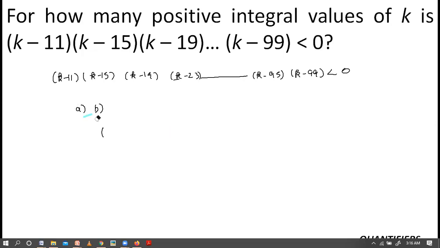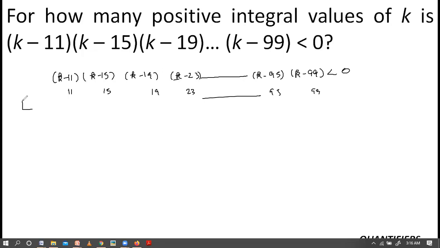Now we have to put some positive value. So the minimum value I can put is 1. If I see that 11 is my critical point, 15 is my critical point, 19 is my critical point, 23, 95 and 99 are the critical points, so on. Okay, and the numbers between them. What are the critical points? Critical points are those values on which this equation will be 0, right?